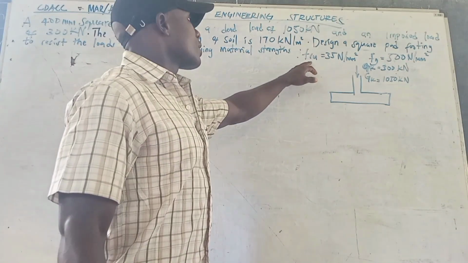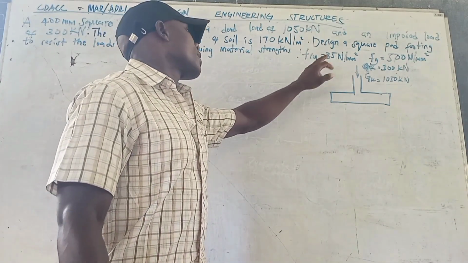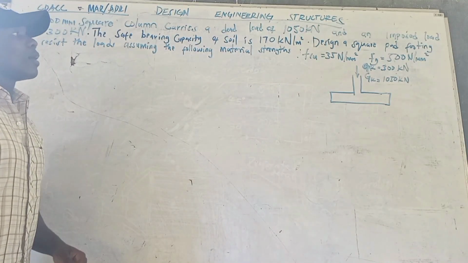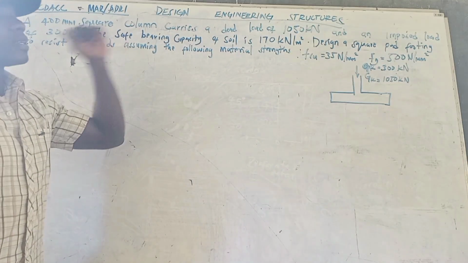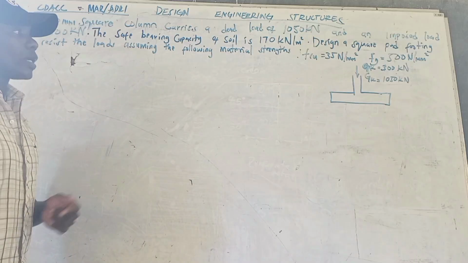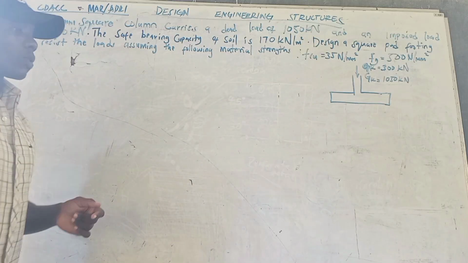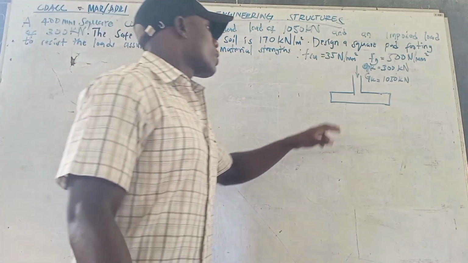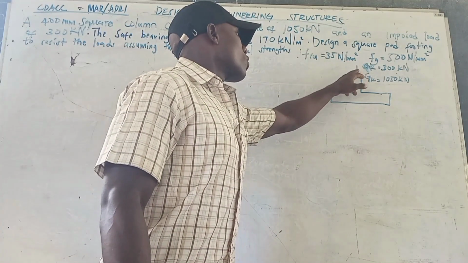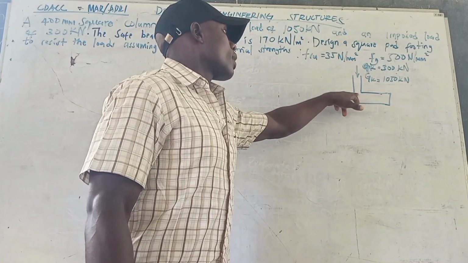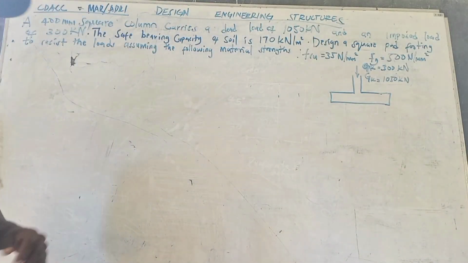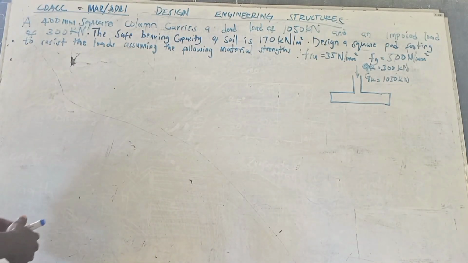We have characteristic strength of concrete as 35 Newton per millimeter square. We have yield strength of steel as 500 newtons per millimeter square. So we also have a sketch of the load path, or maybe how the load is transferred from the column to the footing, like so.